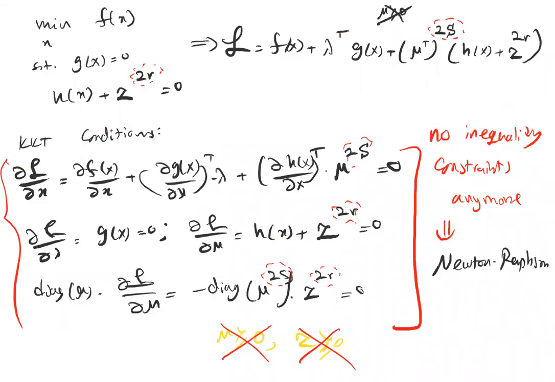This is how we do that. We are going to do this for both mu's and z. So both mu and z are positive by using these even powers, like mu to power 2s and z to power 2r.